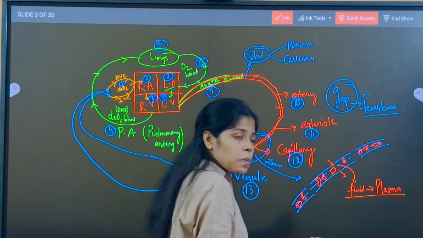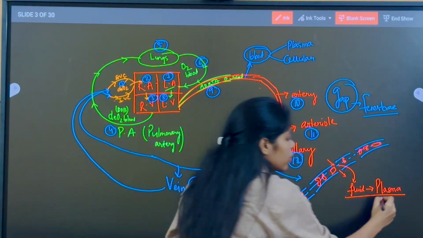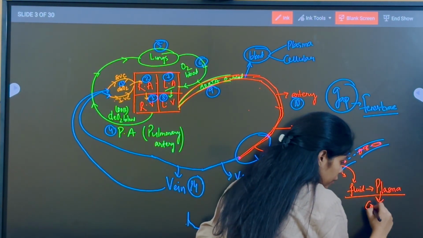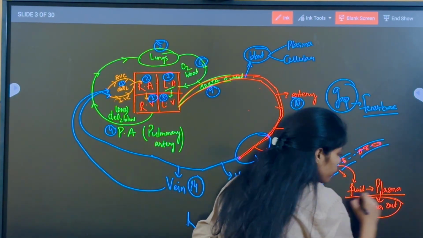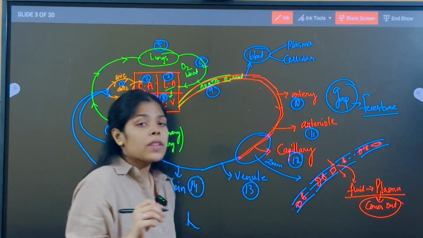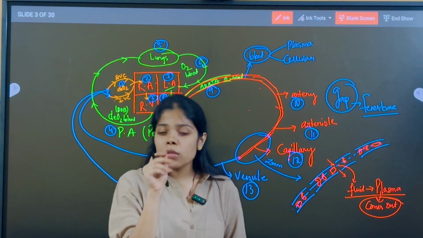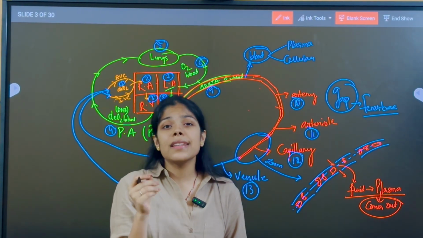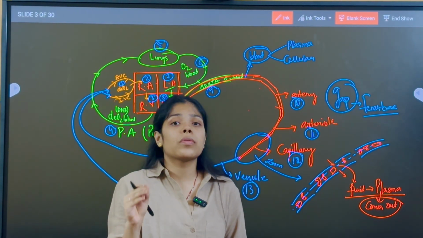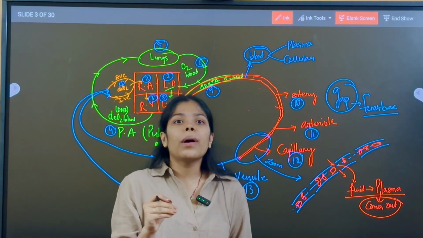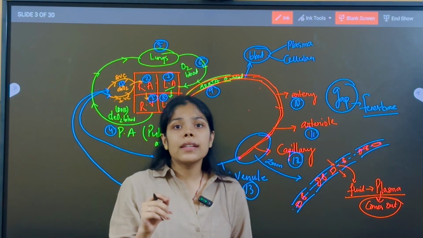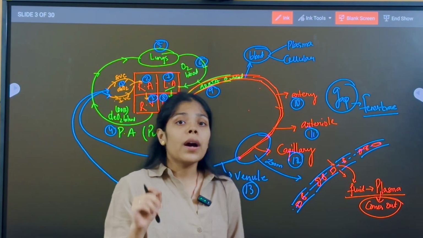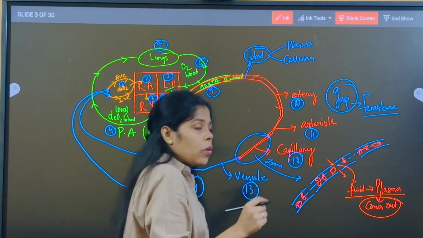Basically that plasma comes out from these fine gaps. Now these gaps are so small that RBC cannot come out from them. What can come out from these small gaps in the capillaries? That is our plasma. So the plasma comes out.